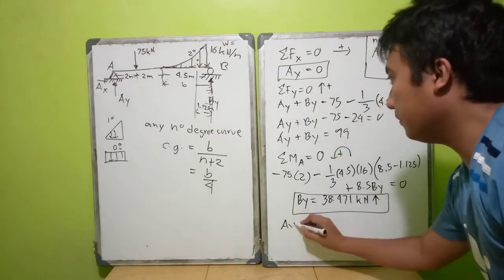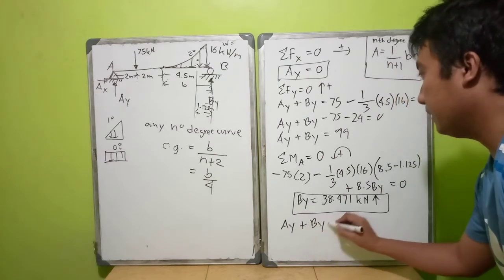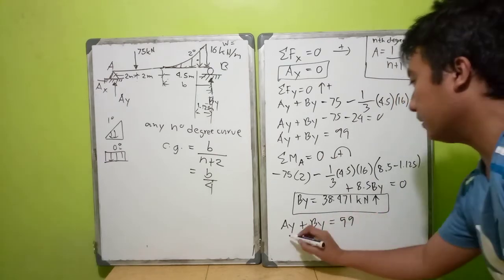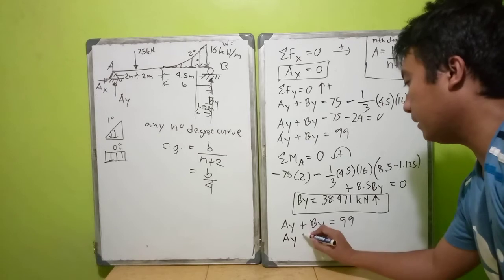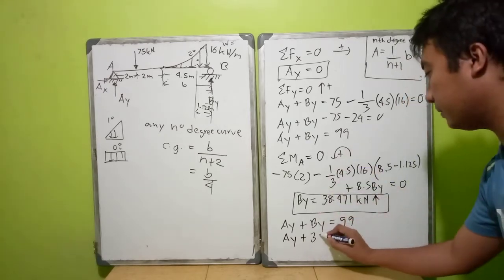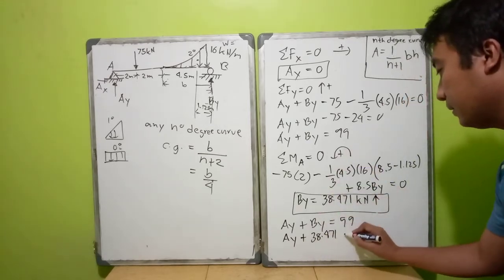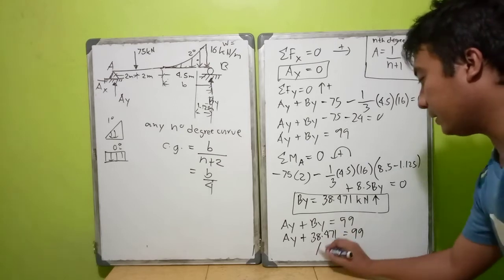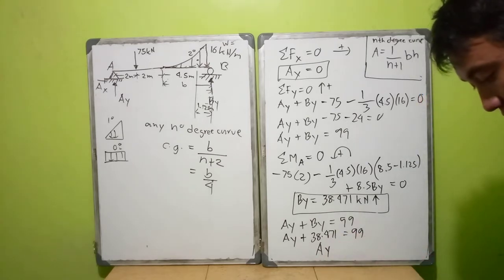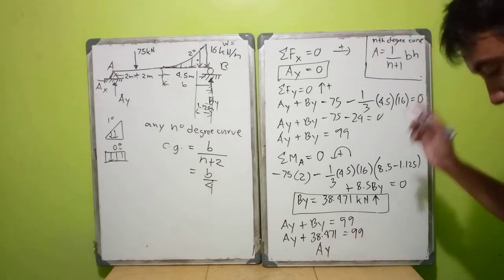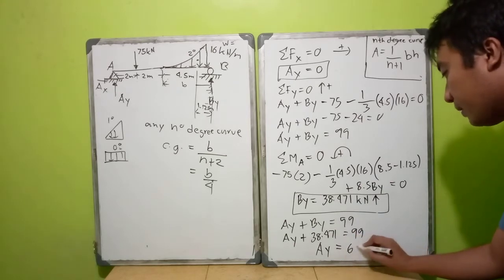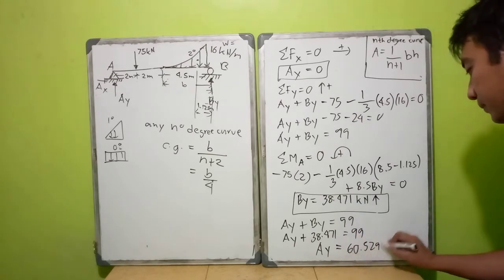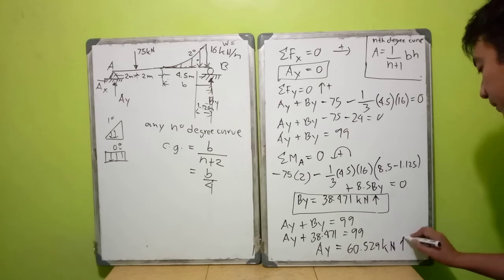So we have AY plus BY is equal to 99. So you transpose, you substitute 38.471 equals 99. So we can get your value, 99 minus answer. We have 60.529 kilonewton upward.